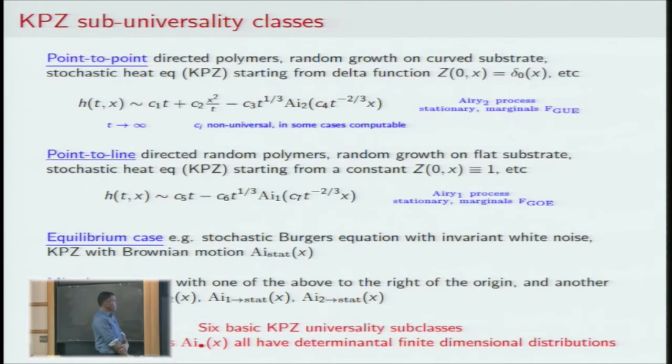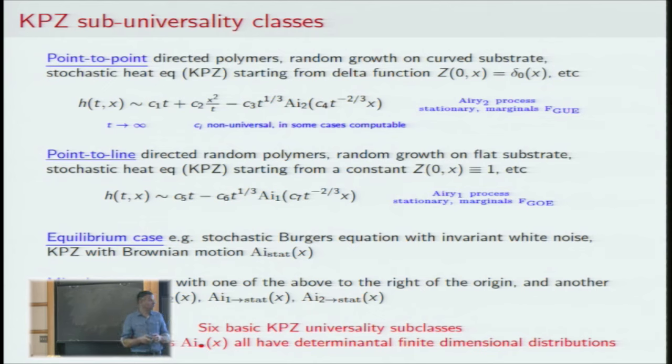Now just to make it more precise, the KPZ universality class is actually supposed to divide into sub-universality classes depending on the initial data. This is the picture you get from these determinantal models by exact calculations. The point-to-point initial data for the directed polymers, or, well, KPZ is a weird equation, so it has weird initial conditions.